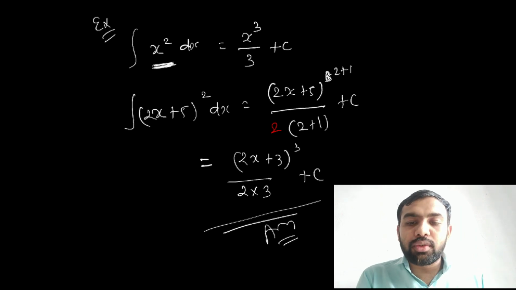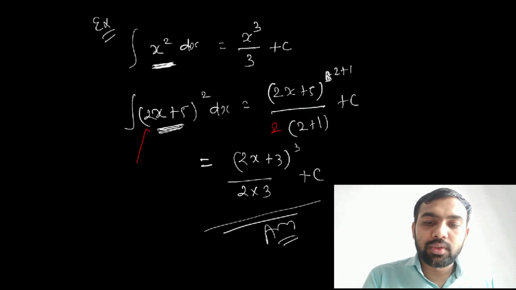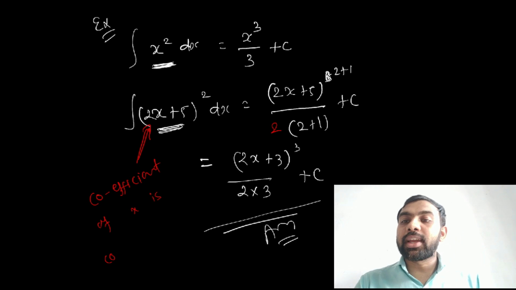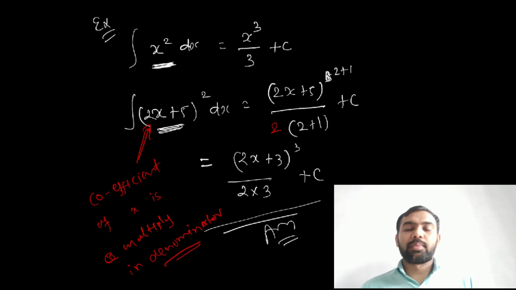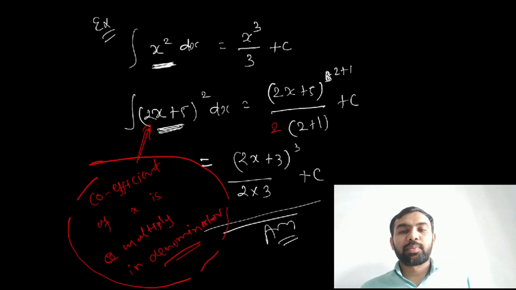But if a function of x is given, then the coefficient of x is multiplied in the denominator. You must remember, that is a quite helpful rule for us, and we always use this rule in examples. Note it in your books, then after that we go to the next.